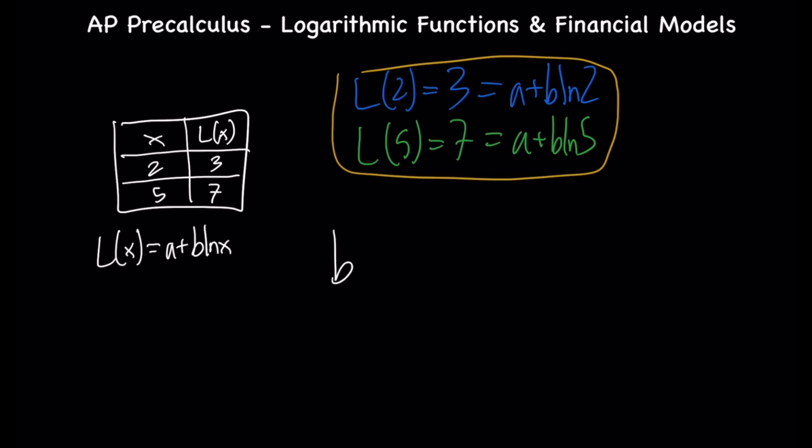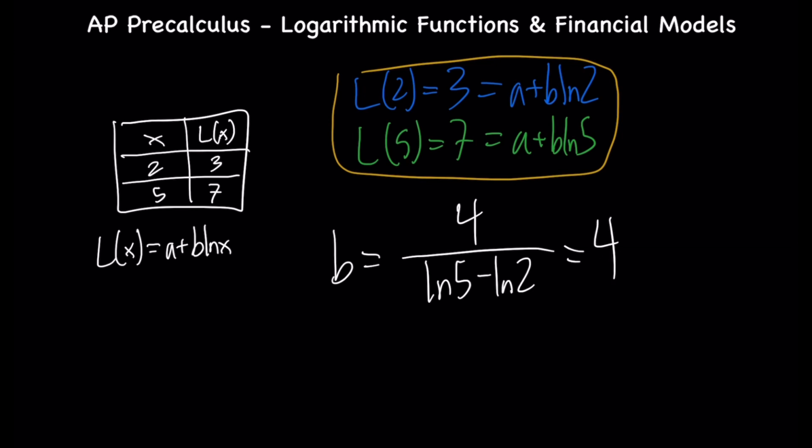So you're going to have B equals 4 over ln 5 minus ln 2. When you plug that into your calculator, assuming you round to, let's keep it simple, 4 decimal places, you get 4.3654.